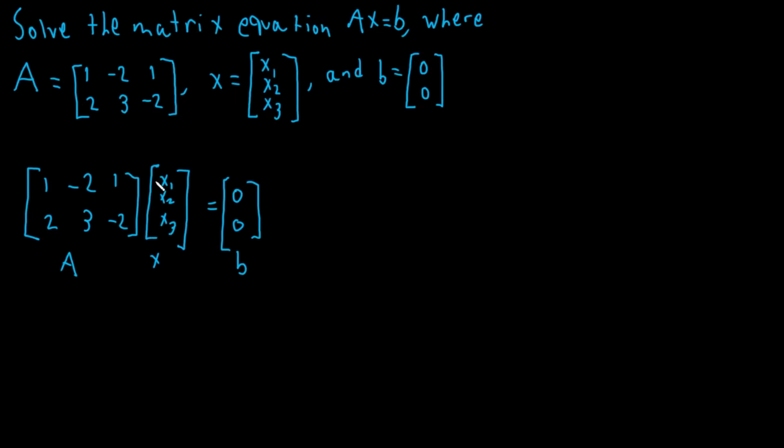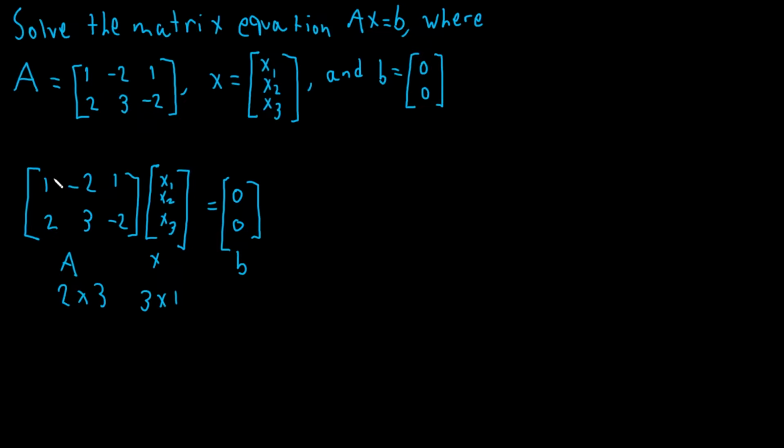Okay, so here we have a column matrix, and here we have a matrix that has 2 rows and 3 columns. So the first thing I want to do is prove to you that yes, we can actually do matrix multiplication in the first place. This one, since it has 2 rows and 3 columns, is a 2 by 3 matrix. This one, since it has 3 rows and 1 column, is a 3 by 1 matrix.